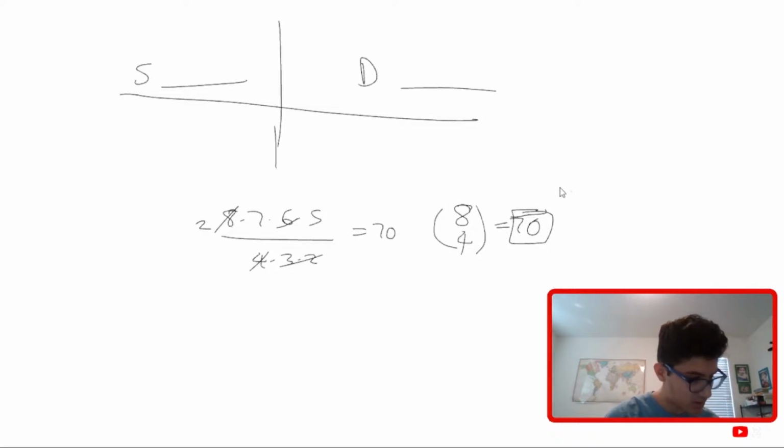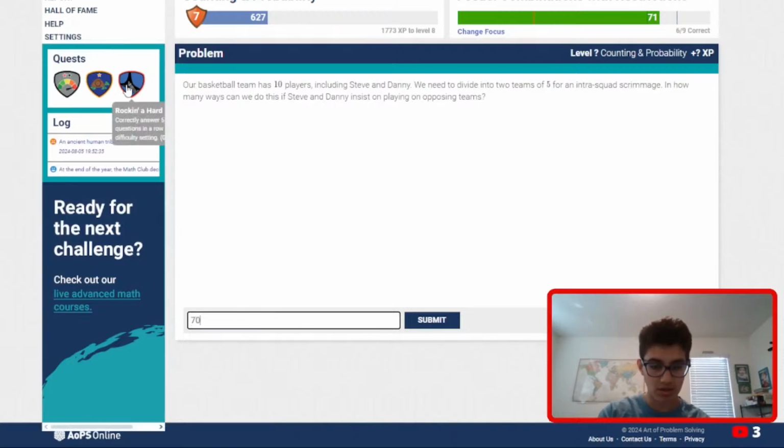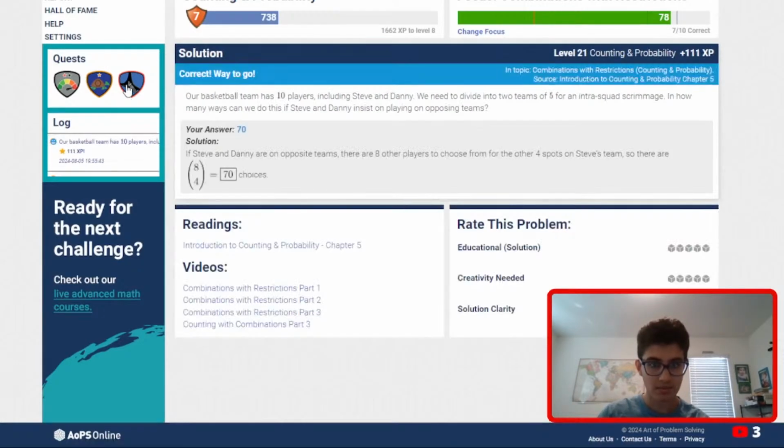No, because the groups are distinguishable from Steve and Danny. So since they are distinguishable, we don't need to divide. But we don't multiply either. Because if Steve and Danny weren't there, it would just be 8 choose 4 over 2. And now because they're distinguishable, it's 70. So I'm putting that in and seeing. Okay, good.